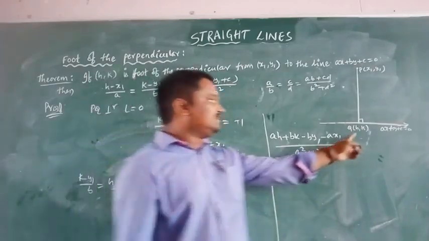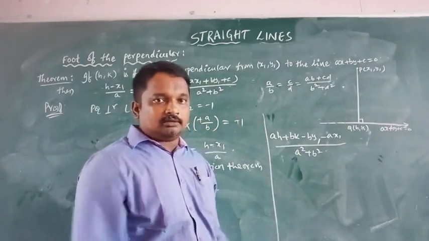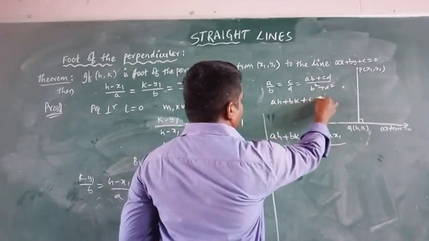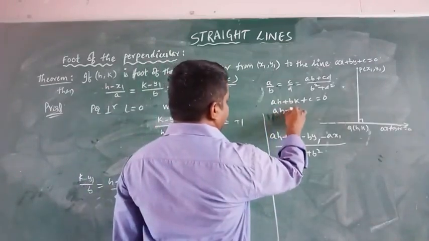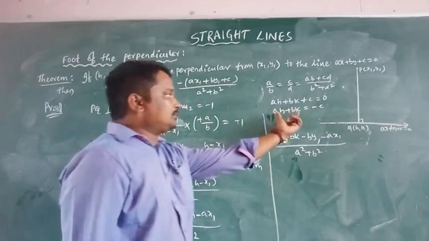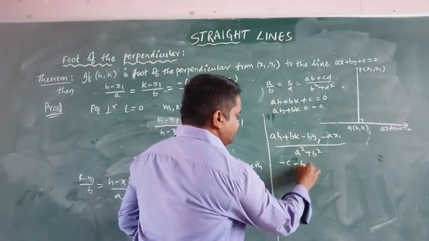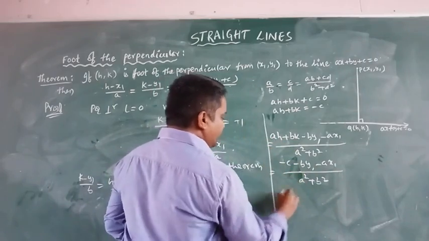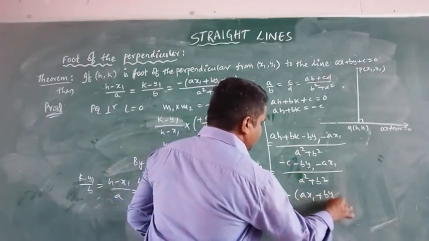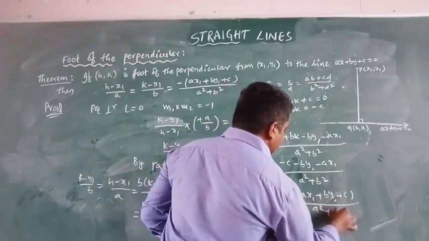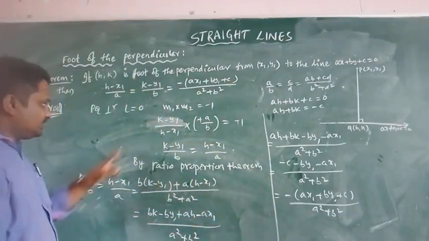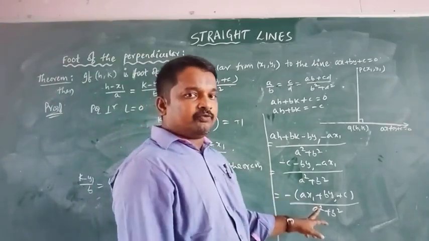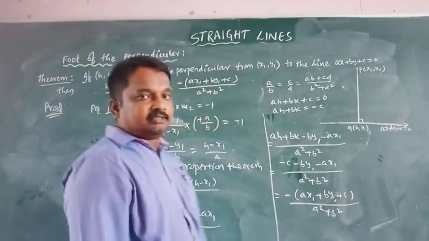Now observe that (h, k) lies on ax + by + c = 0, so it satisfies that: ah + bk + c = 0, so ah + bk = -c. Substituting this value, we get (-c - by1 - ax1)/(a² + b²). Taking minus common, it is -(ax1 + by1 + c)/(a² + b²).